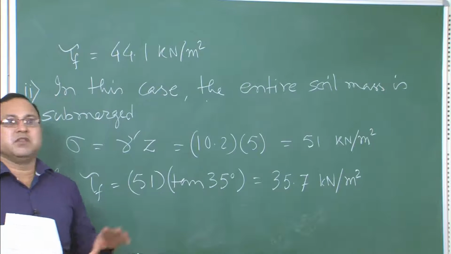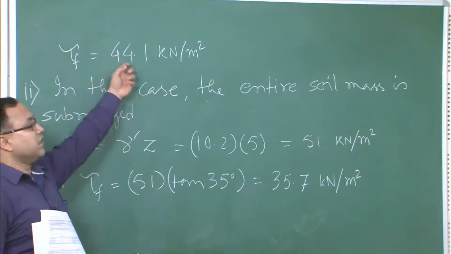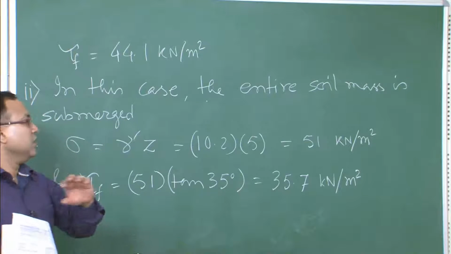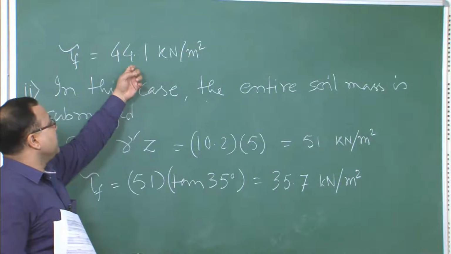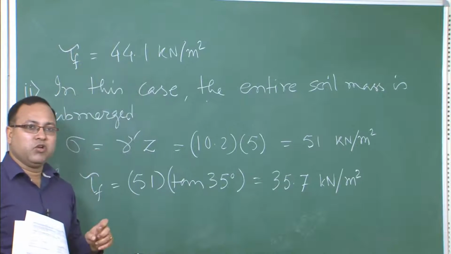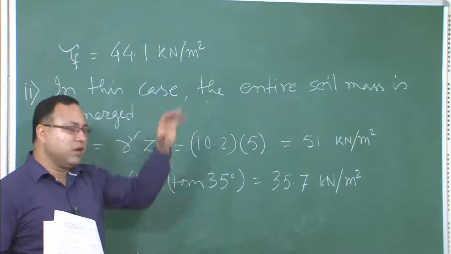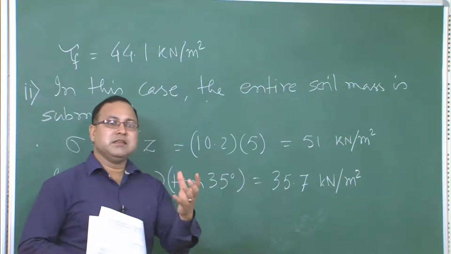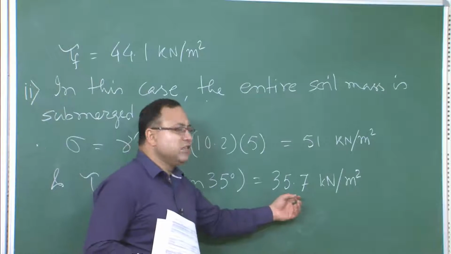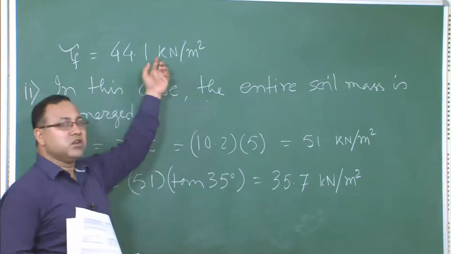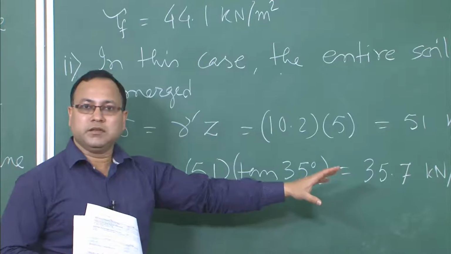Now, if you design some geotechnical structure, foundation or retaining wall or whatever, based on this shear strength, then when the water table rises during monsoon up to the ground level, the soil is there to provide you only this much shear strength, right. But you have designed based on the higher value, so you are gone basically.